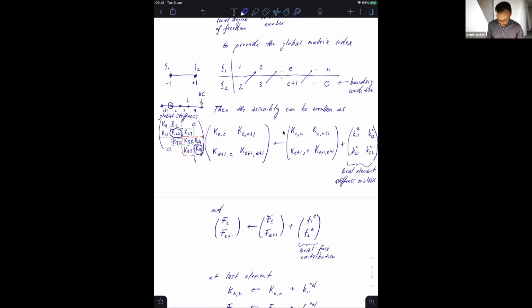So if we select, say, element 4, then the contribution to the global one would be this thing here. So think of k_n, that becomes K44, sorry, K40, K04, and K00.